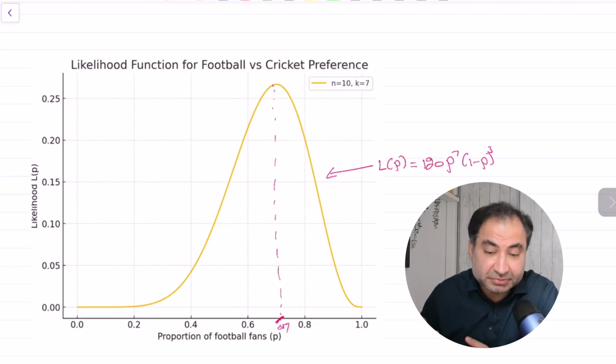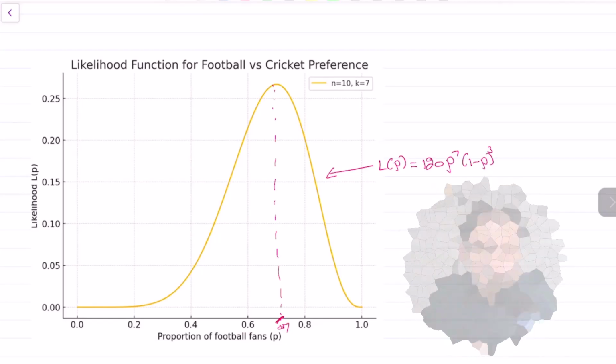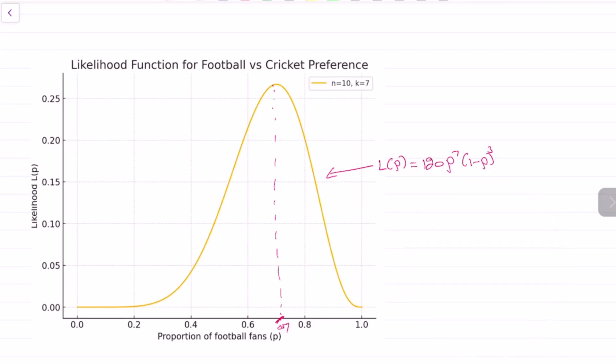I'll come to that in a bit, but let's just quickly do it for the equation we already have. So, 120, 7, 1 minus 3.